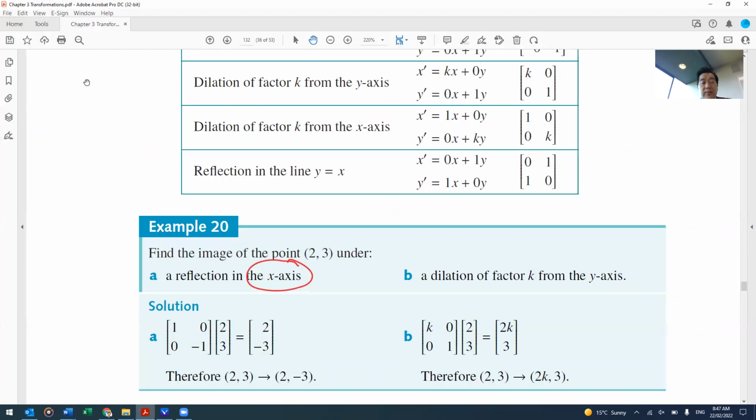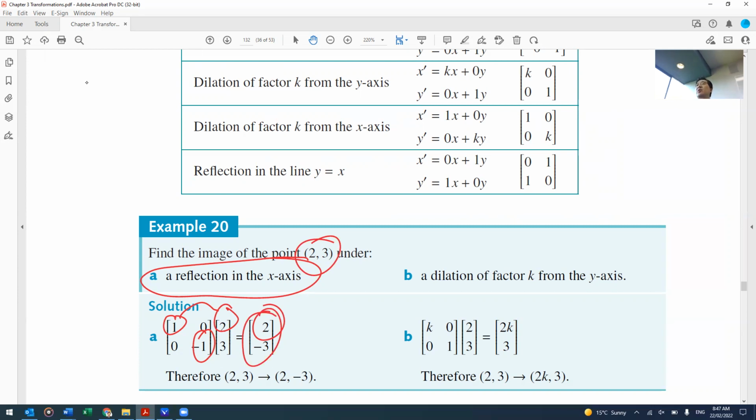So in this case, the number one here just times to the 2, stays as a 2. The negative times the y becomes a negative 3, which is what we expect it to be anyway, because reflection in the x-axis means the y goes negative. So the starting point was 2, 3. The end point should be 2, negative 3. It's just doing exactly the same thing, but using the matrix notation.